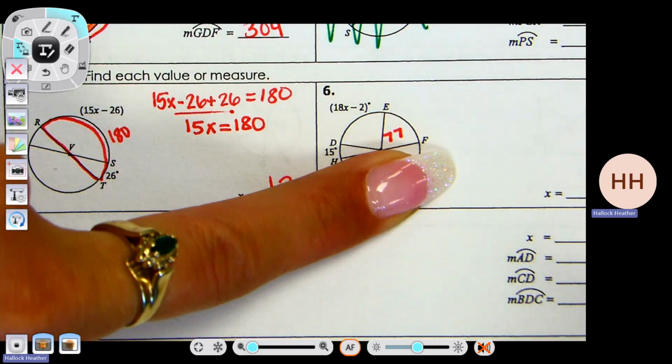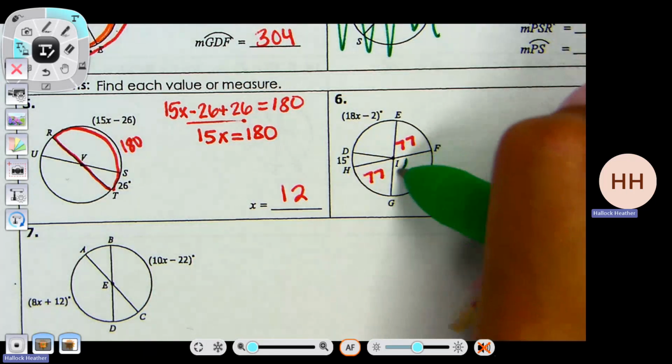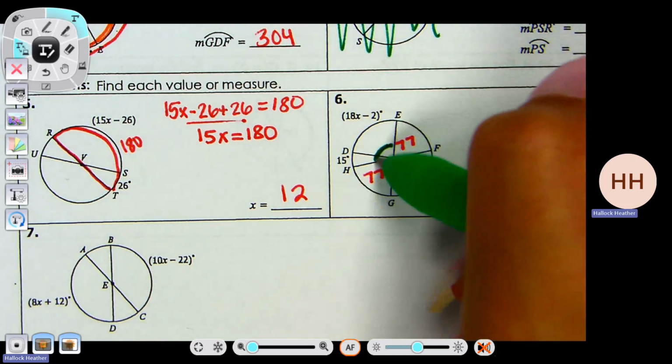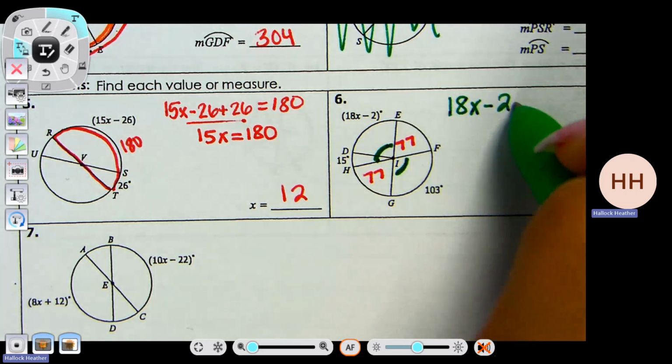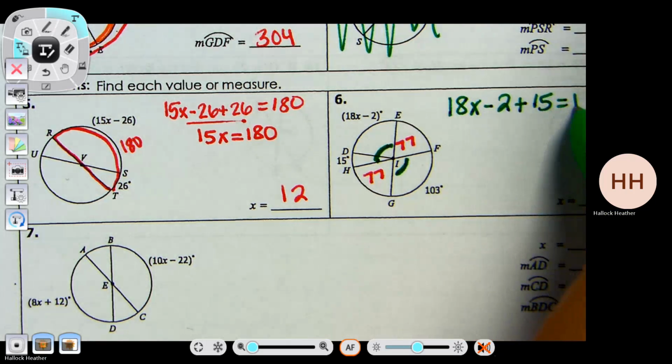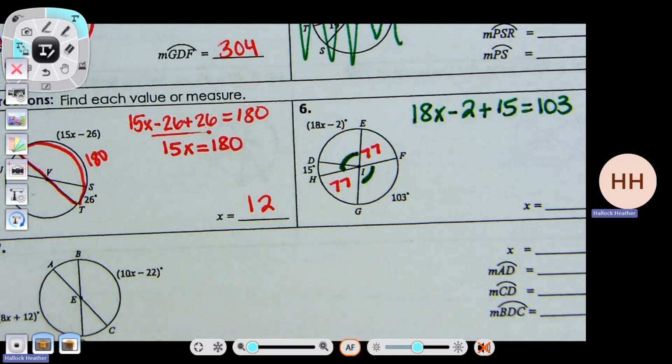You don't have to use both pieces. Or you could say that this piece is a vertical angle to these two combined. Most people are going to do this, I would think, because vertical angles are congruent. So if I know 77 matches with 77, I don't even really need the 77s. The other pieces are just equal to each other.